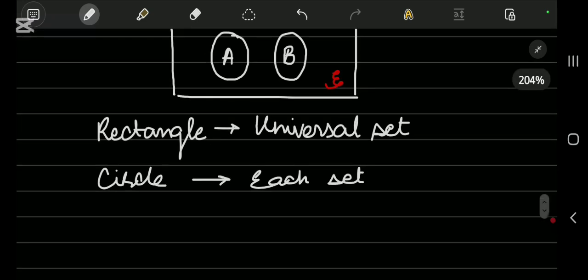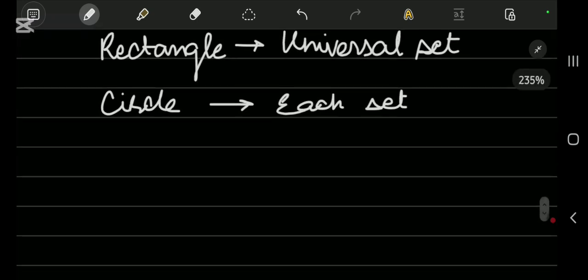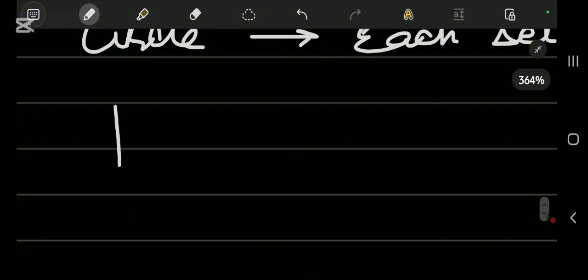Now let's get to how we represent union and intersection.